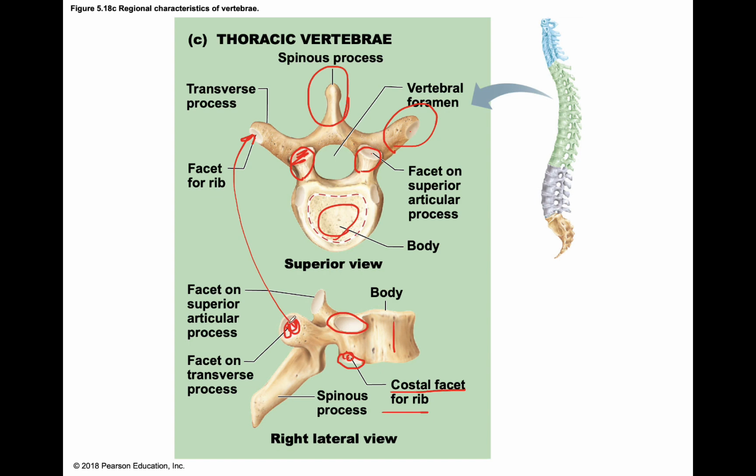Your ribs bind onto your vertebrae in two places. The costal facet, which is also the inferior facet here, or the transverse facet. So the rib will come around, it'll touch this, and it'll touch that. So this will be the front of your body.